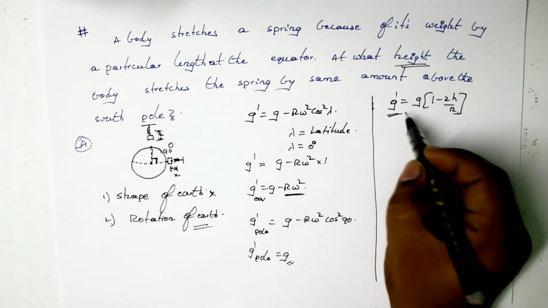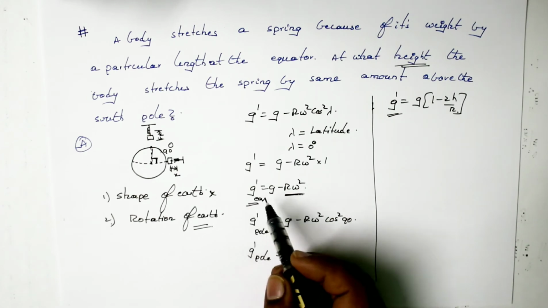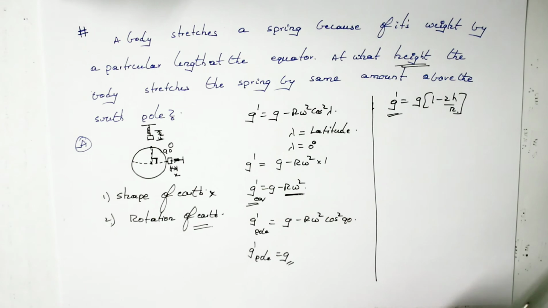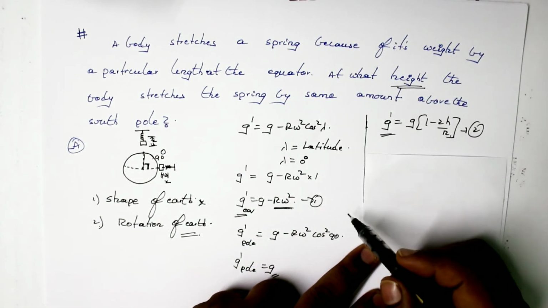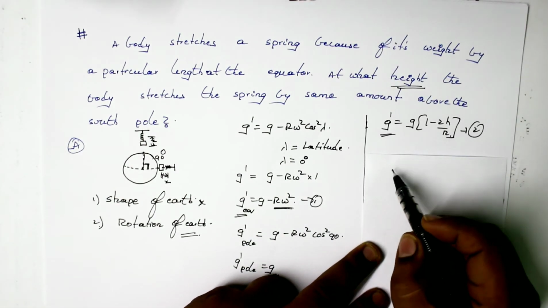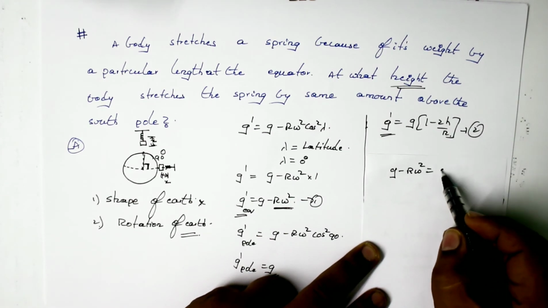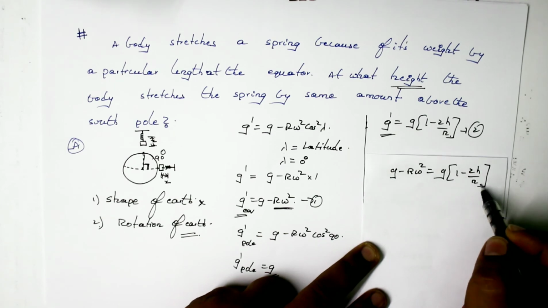If this g value at the pole and the g value at the equator are equal, then the elongation produced in the spring will also be equal, because the weight of the body will be equal. So by equating 1 and 2, g minus R omega square is equal to g into 1 minus 2h divided by R.